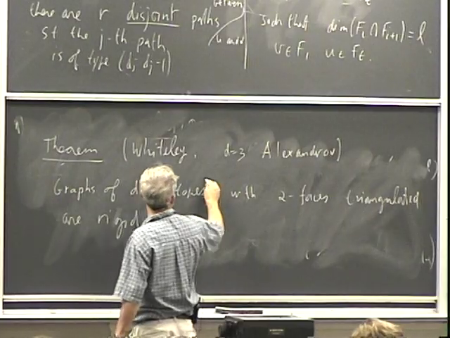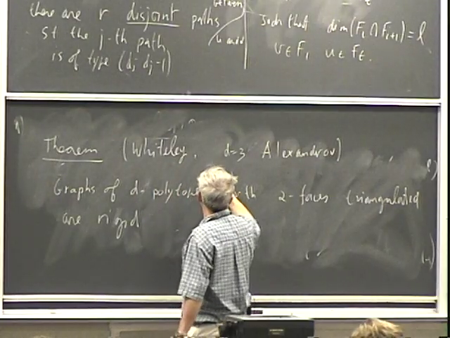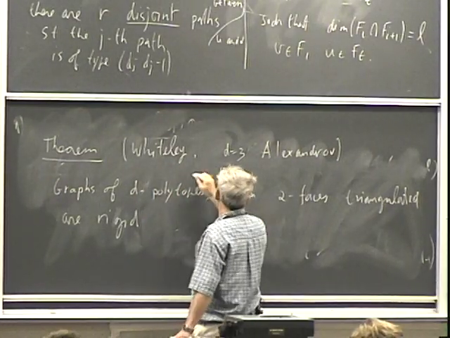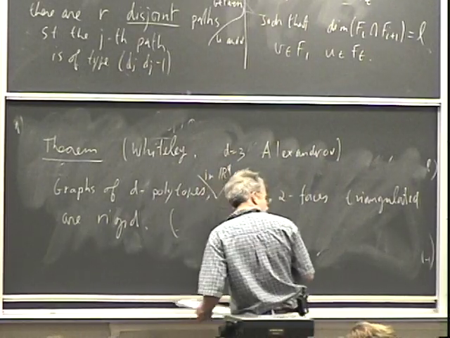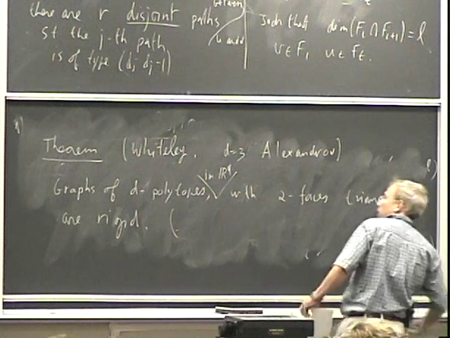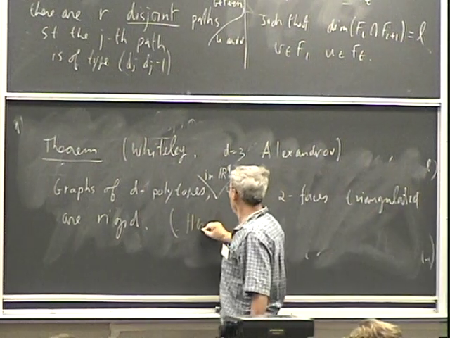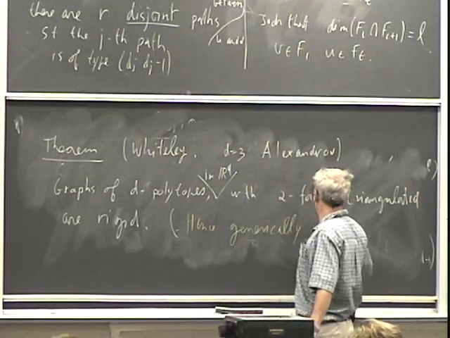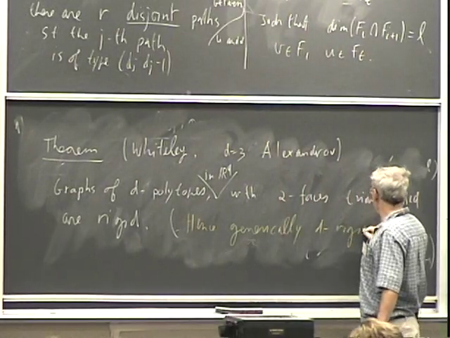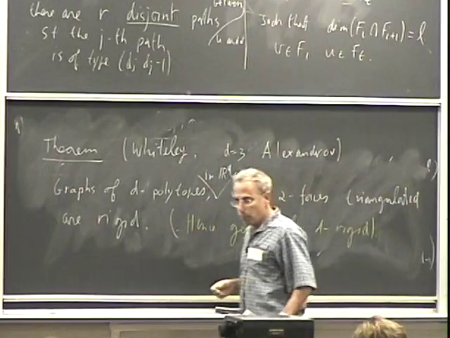Graphs of D polytopes in R^D are, hence, generically rigid. So let me explain the words which appear in this theorem.